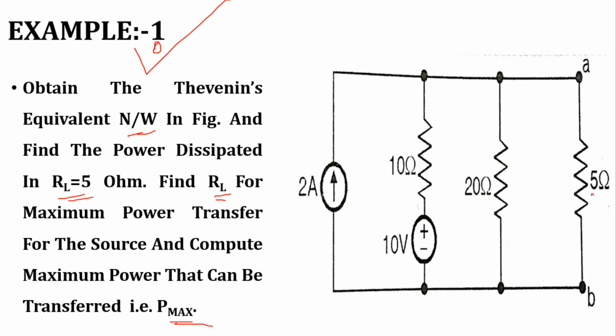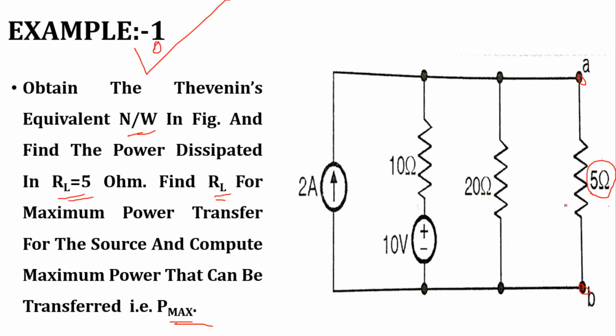So first we have to calculate the power dissipation in the 5 ohm resistance by using Thevenin's theorem, and we have to find the value of resistance between terminals A and B to get the maximum power, and for that value of resistance we have to find P max.